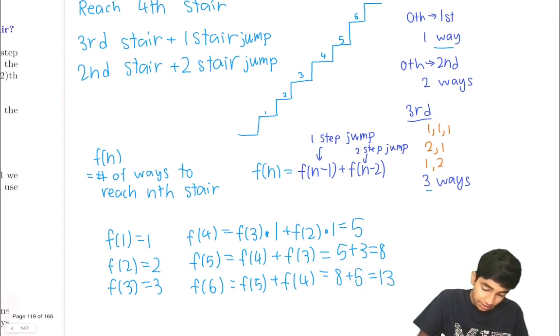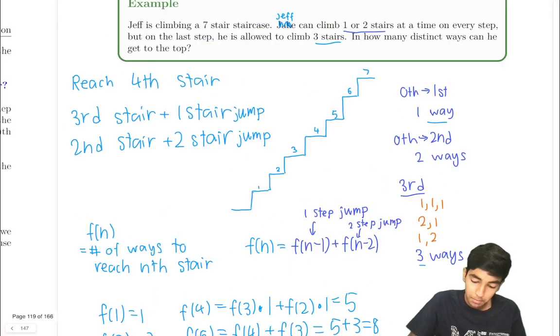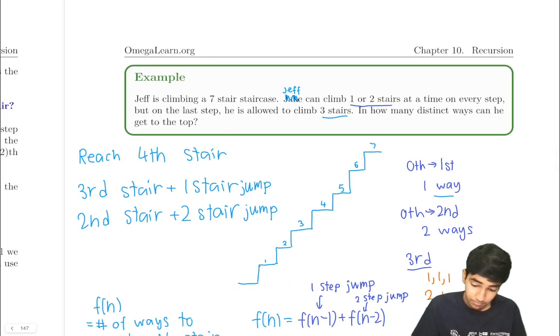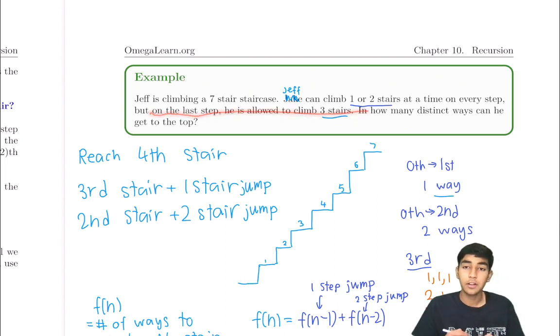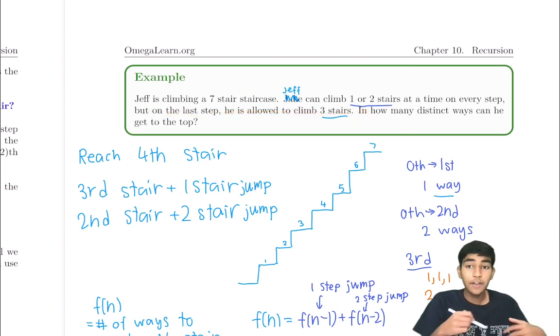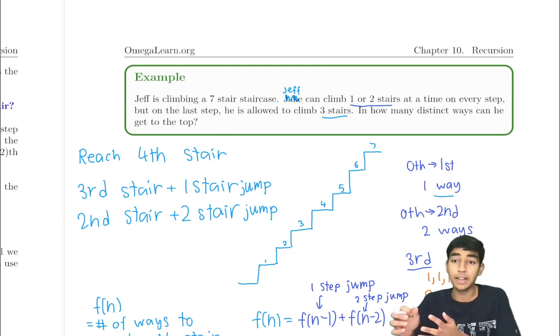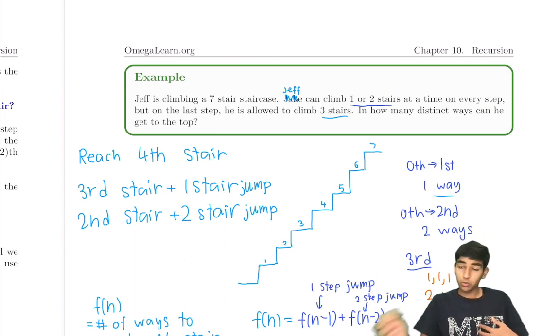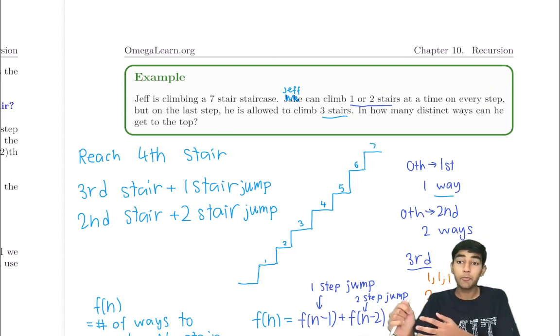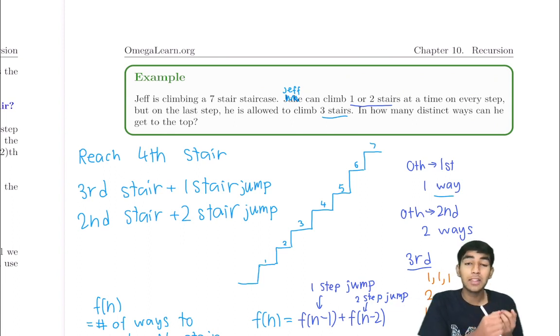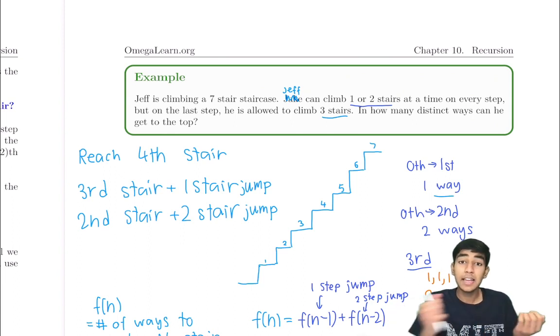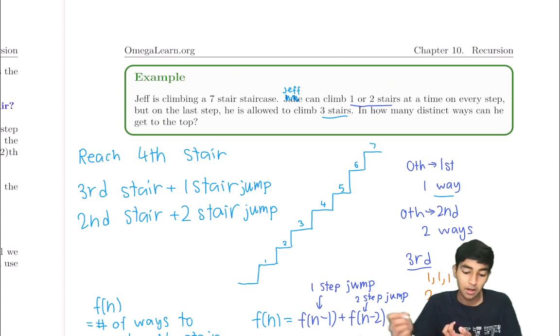Now f of 7, here's where we have to be careful, because the problem says on the last step, he's allowed to climb 3 stairs. So for most of the journey, Jeff can only climb 1 or 2 stairs at a time. But on the very last step, so if he's about to reach the 7th stair, then he can take a 3-stair jump.